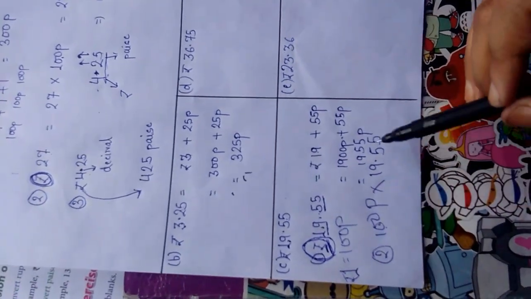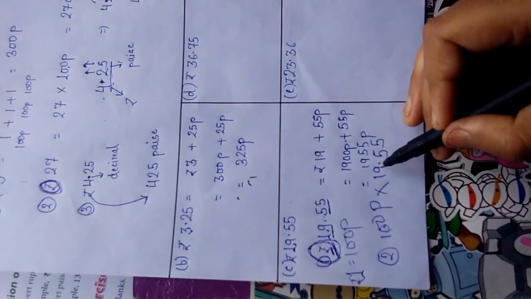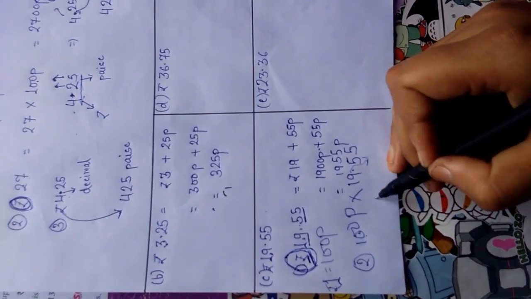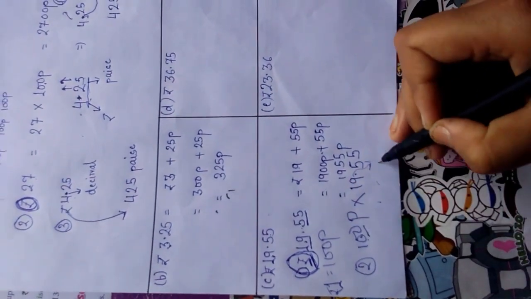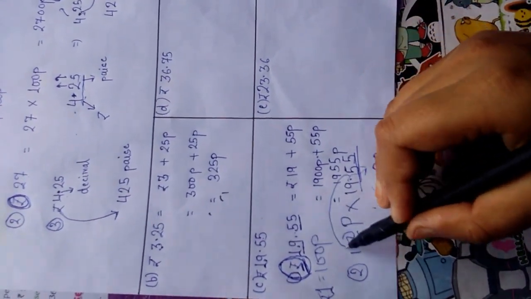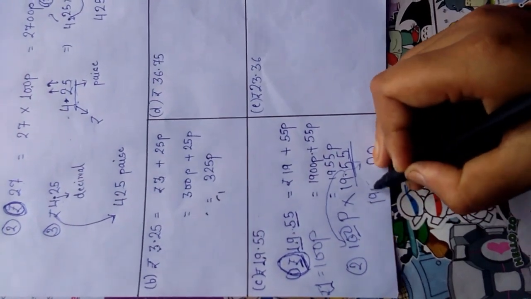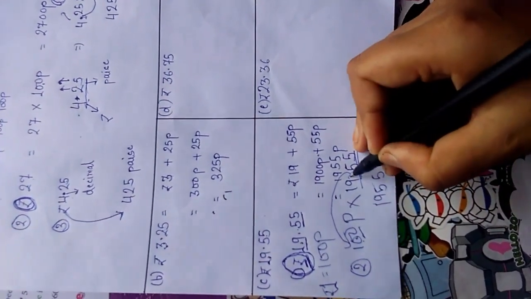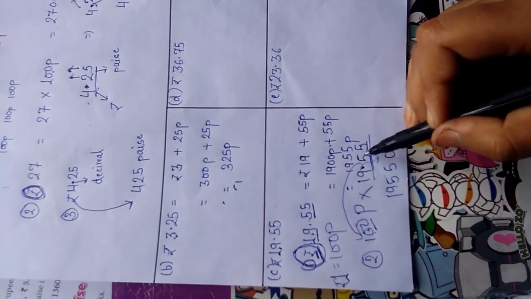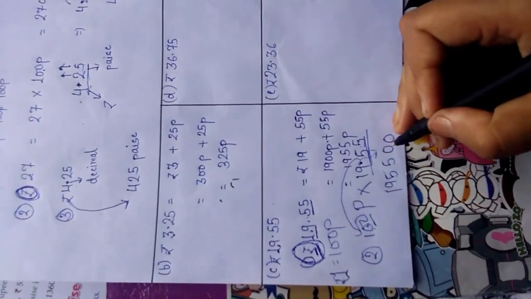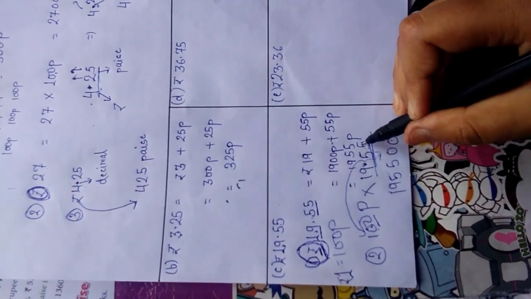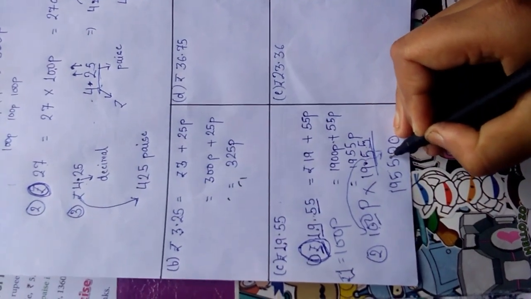Then we already learned that firstly we should neglect this decimal, and then write 00, and this number multiplied gives 1955, because there are 2 digits after the decimal, hence we should leave 2 digits here.